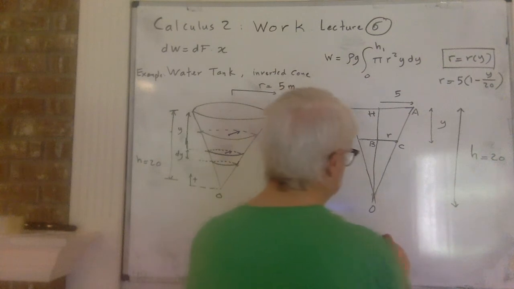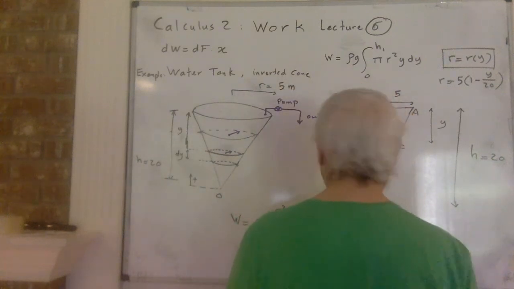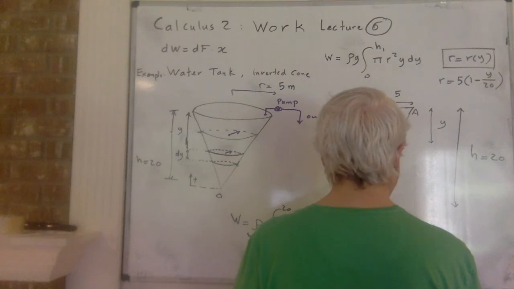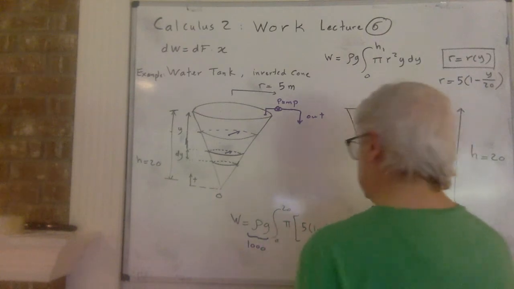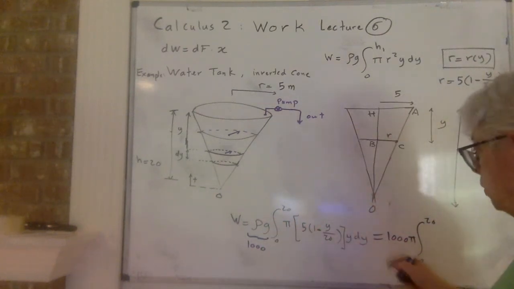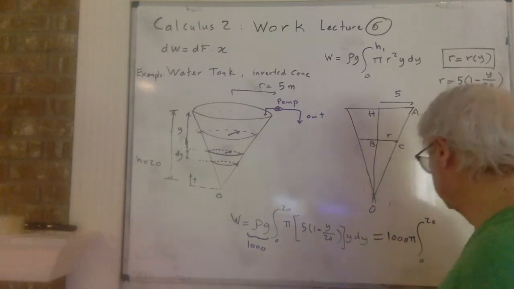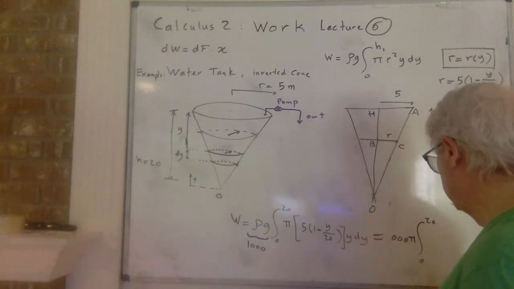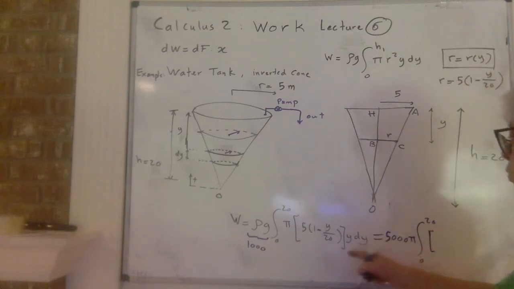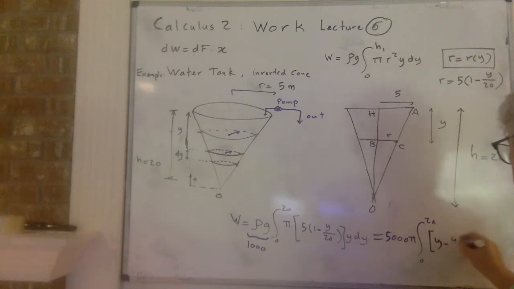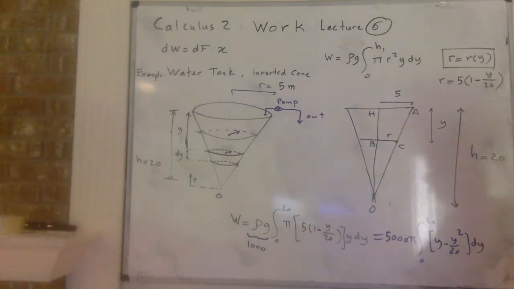So I will have this integral, 1,000 pi, and the 5 can come out, and that gives me 5,000 pi times the integral of y minus y squared over 20 dy. I leave this to you to find, but that is in fact what happens.